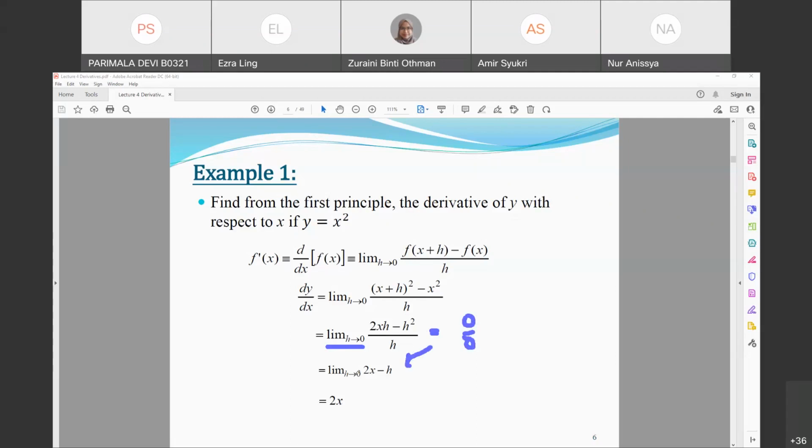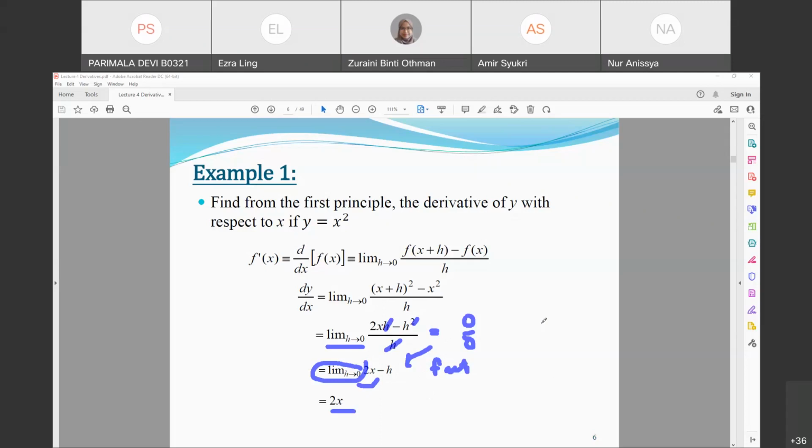Then here kita kena buat apa? Factorization, right? Itu sebab h kat bawah ni hilang, sebab kat atas ni ada h. Kita factorize h to the outside, then we get 2x + h, then after we do the direct substitution, we get 2x.